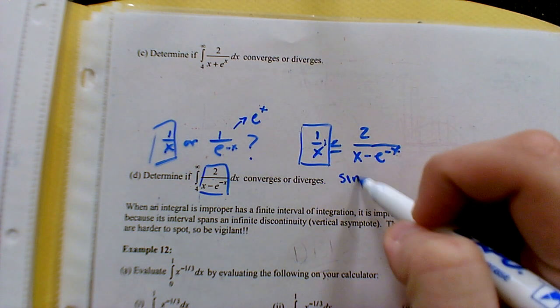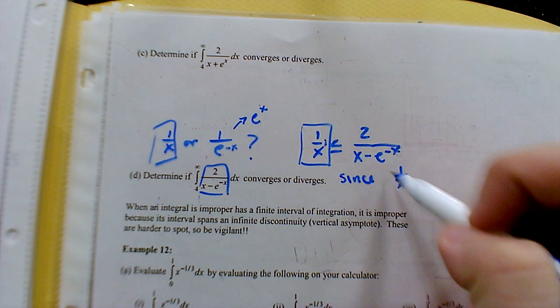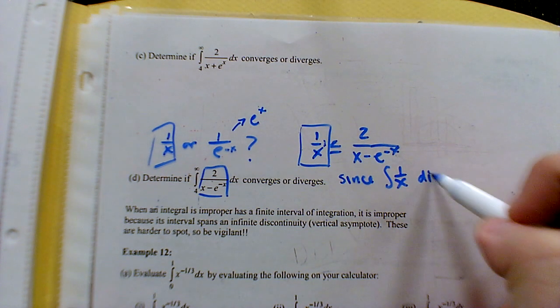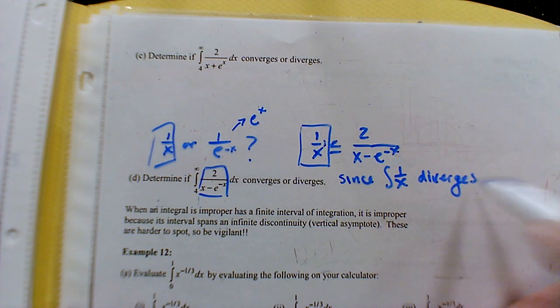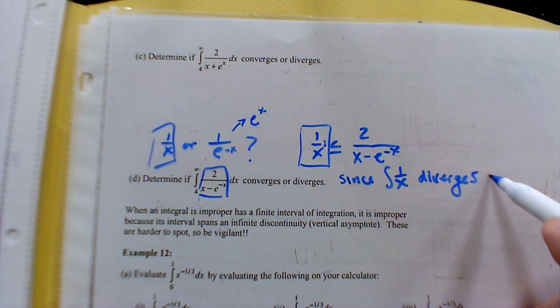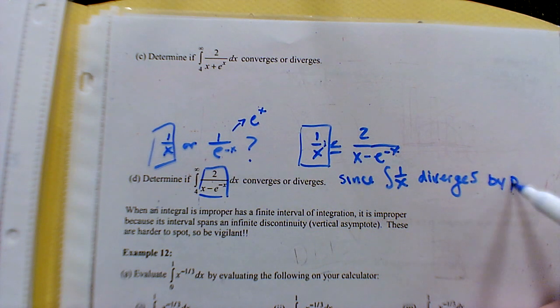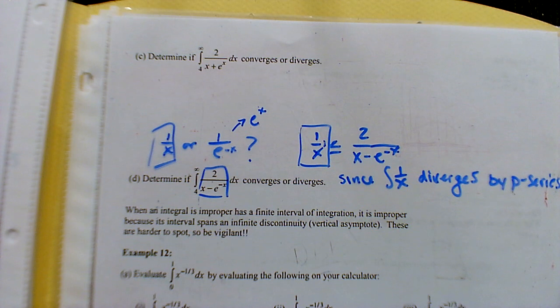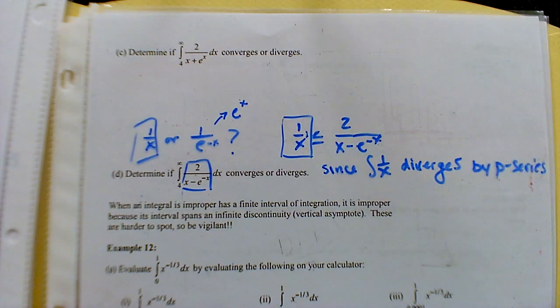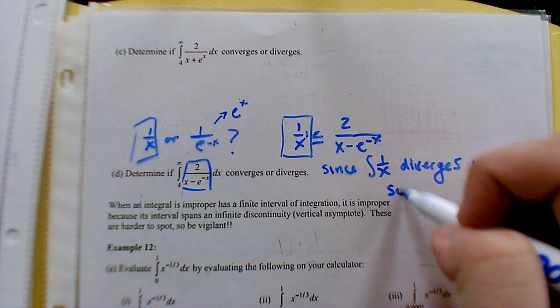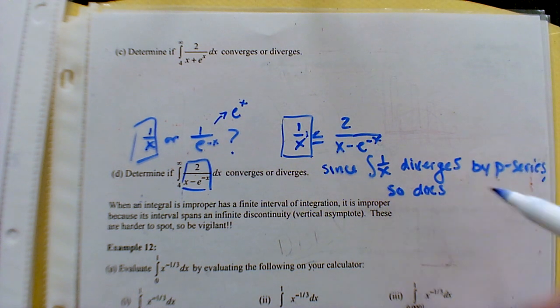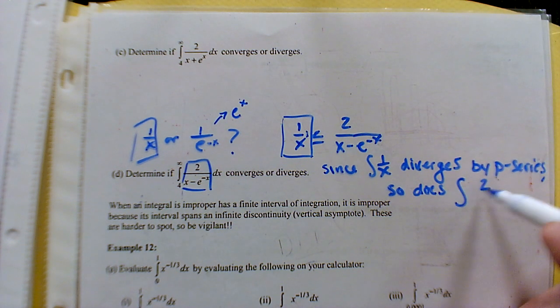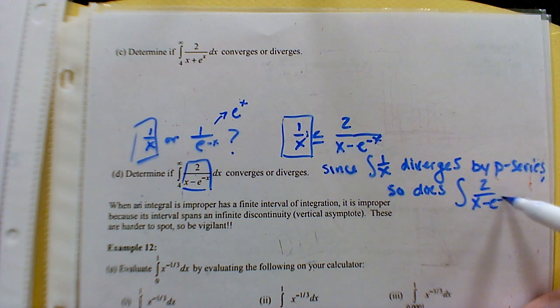So we'll say since the integral of 1 over x diverges by p series, so does the integral of 2 over x minus e to the negative x.